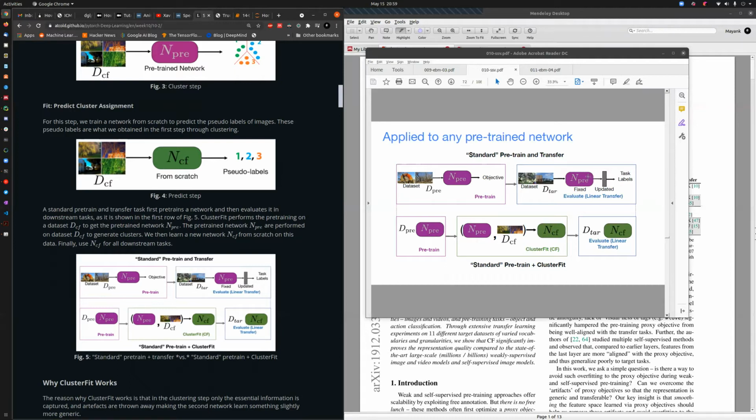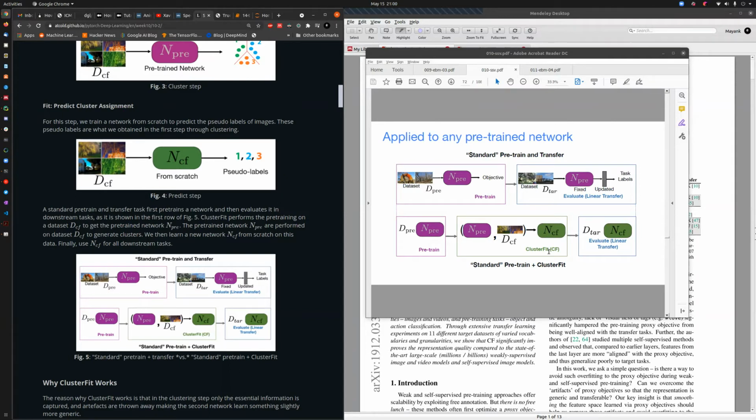To generalize the clusters, here we are generalizing it in this part. And then we use those clusters to fit a particular manifold.